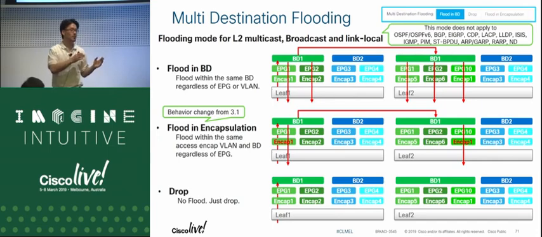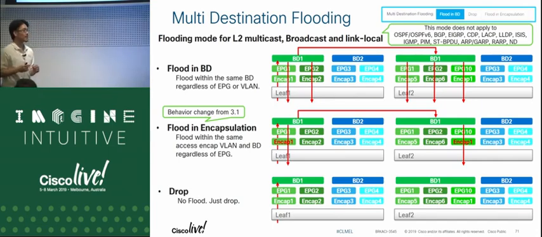So that happens based on the COOP message. Let me repeat the question just in case. When the endpoint moves from one place to another, the spine will let the old leaf know about that movement.